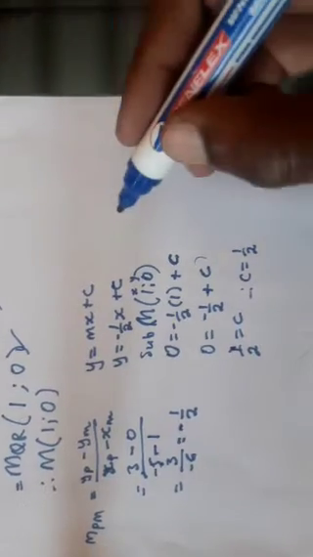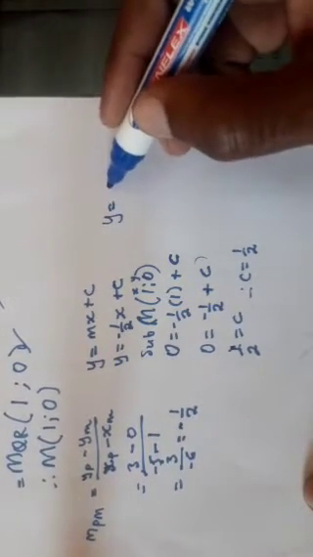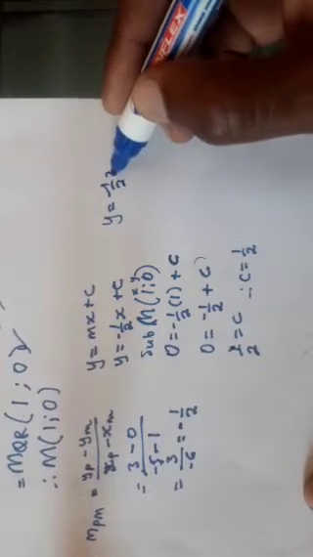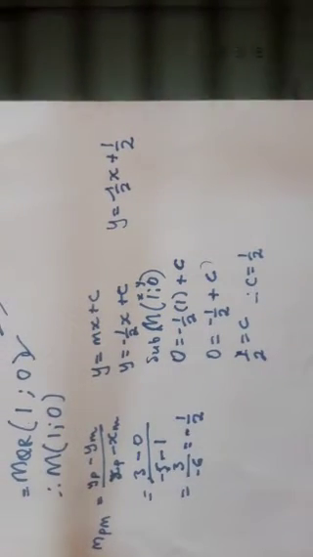Now the complete equation is y equals minus 1 over 2 x plus 1 over 2.